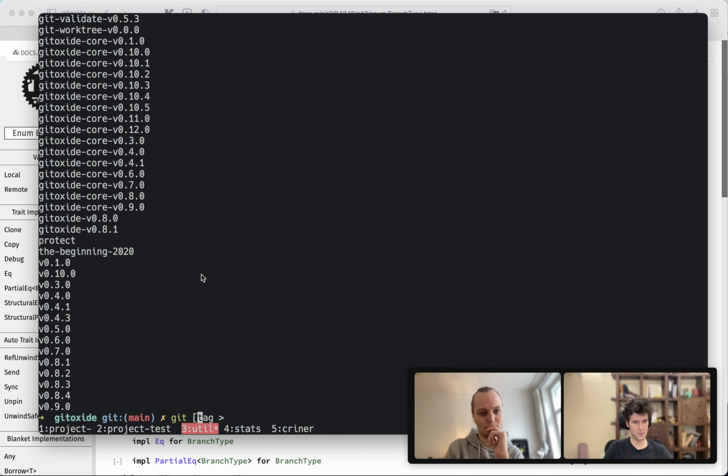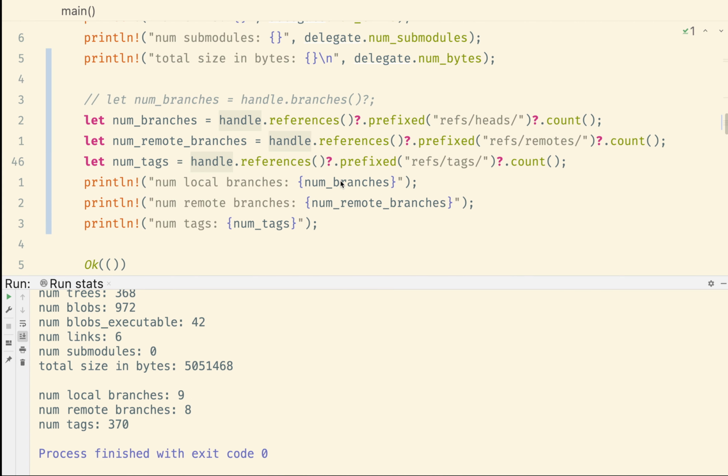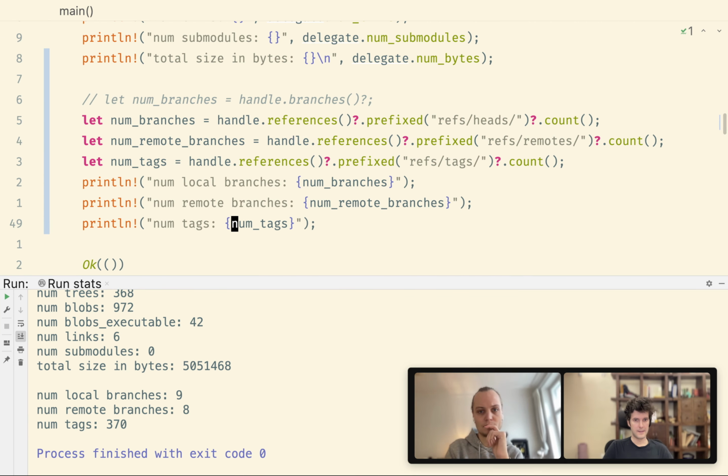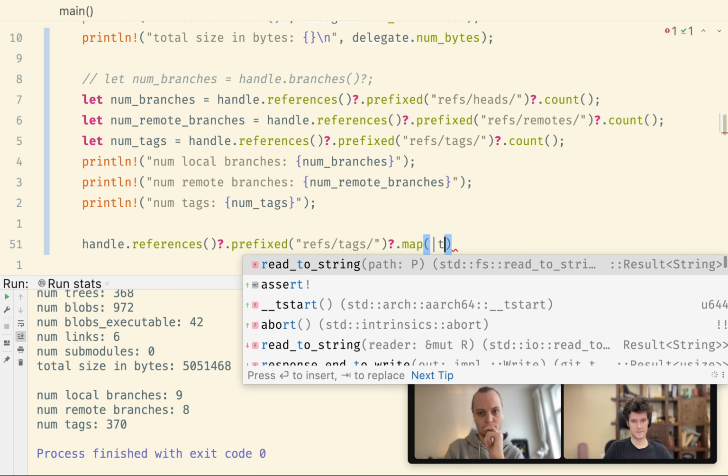Because these are supposed to be sorted, right? Tags git. So let's quickly do something about this. We should be able to map this tag.